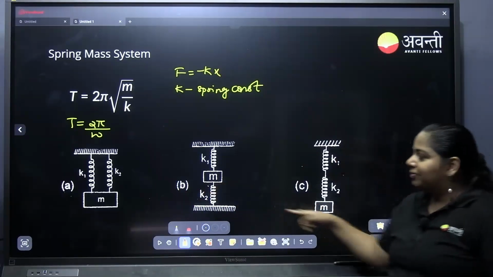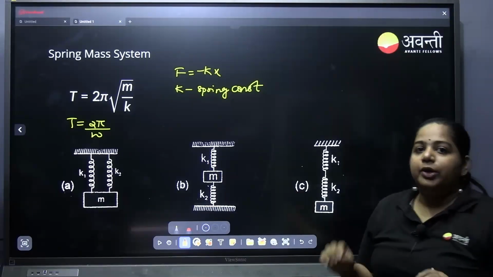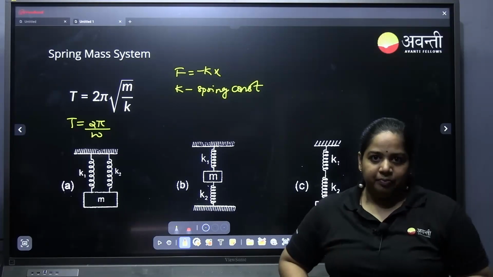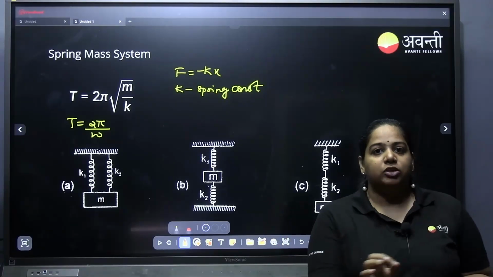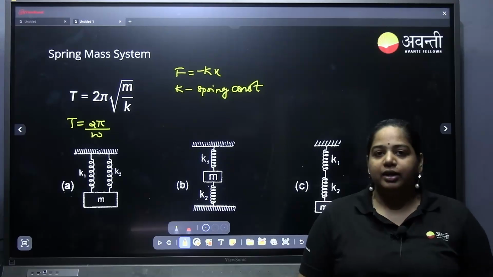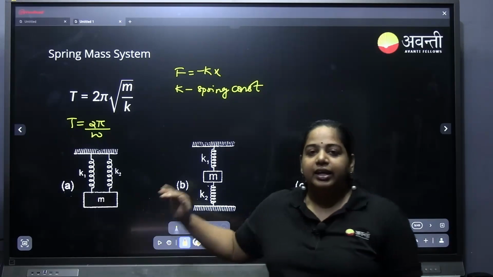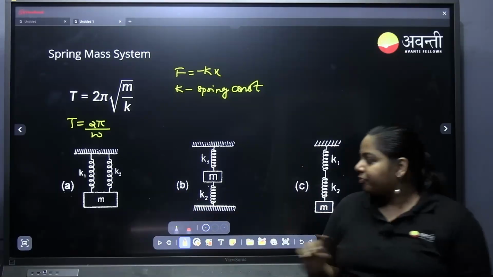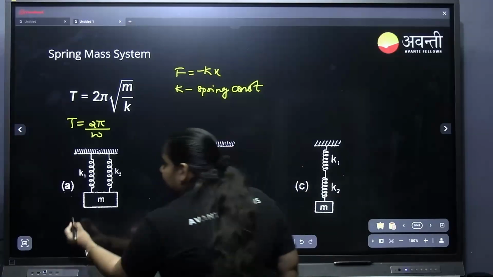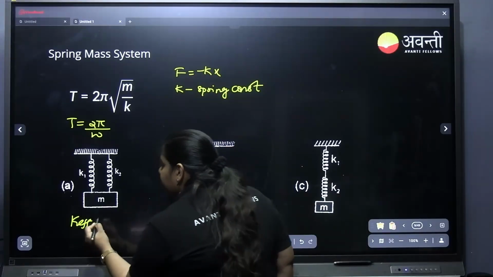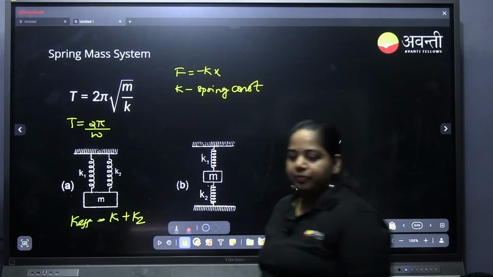But the problem comes when this type of combination of spring connections comes. You only have to remember one thing: combination of springs is the same as combination of capacitors. You remember the combination of capacitors, right? Parallel connection, series connection. It is the same as that, which means for a parallel connection, k effective will be equal to k1 plus k2.